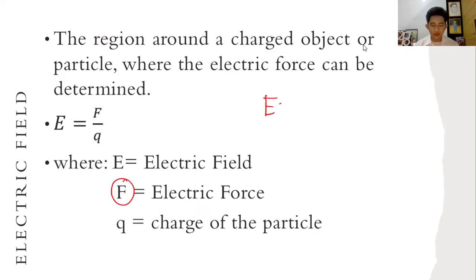So we have E is equal to F, which is equal to k Q1, then as our charged particle Q2, and we have d squared over Q. So this point charge here, this our test charge, can cancel out.